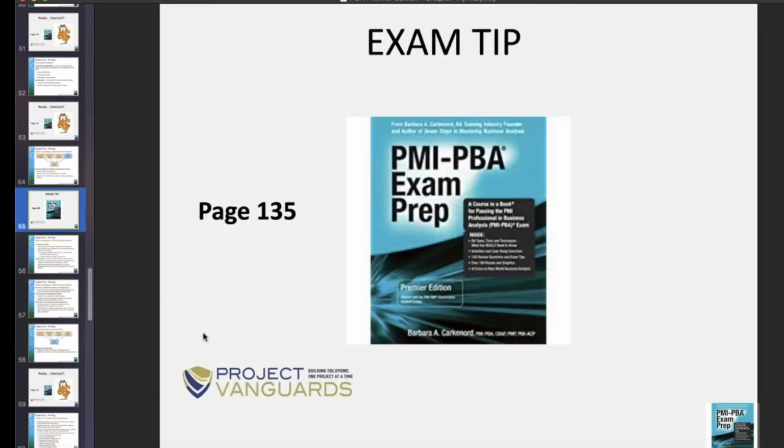We have an exam tip on page 135 at the bottom of the page, and it says exam questions may not specifically refer to an external customer, but if the situation involves a contract, you can assume the customer is outside of your organization. Now that plays on the first tip we covered today, from one of the practice questions in the homework we discussed.